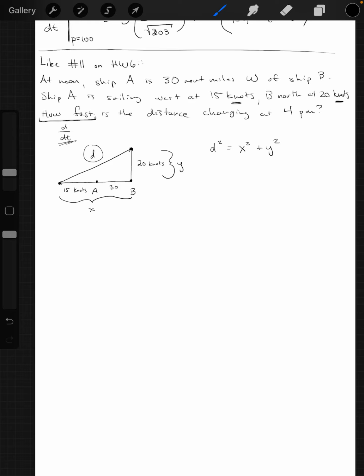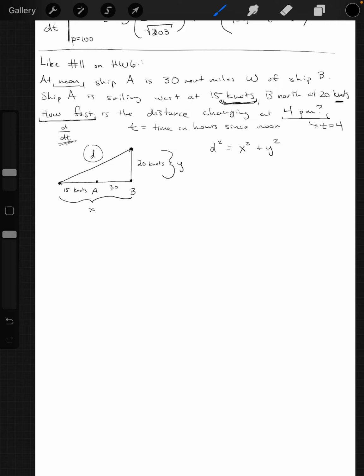So, since we have things about noon and then 4 hours later, and knots are miles per hour, right, we're going to let t equal the time in hours since noon. Right, so this tells us that we care about t equals 4 eventually.